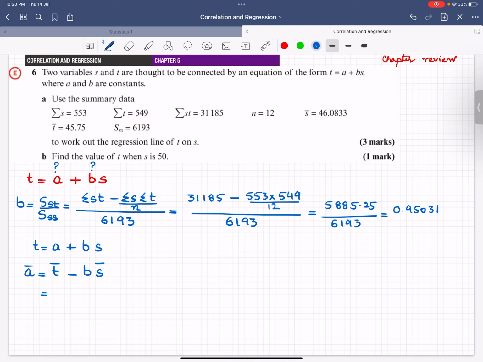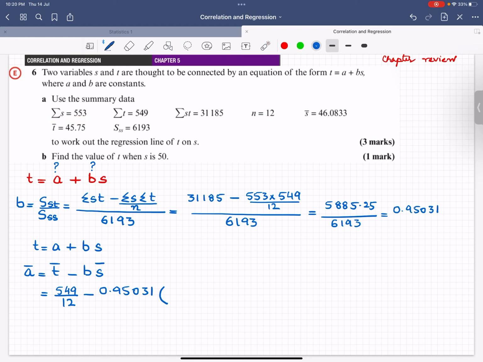So we have the average value of t, which is 549 divided by 12, minus the b value that we have already calculated, 0.95031, multiplied by the average of the s values. The total of all the s values is 553. The average will be dividing it by the total number of entries, which is 12.